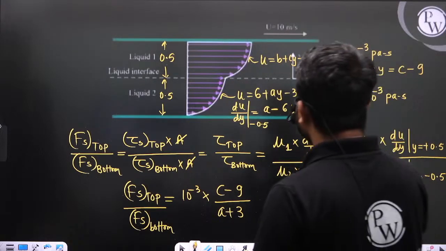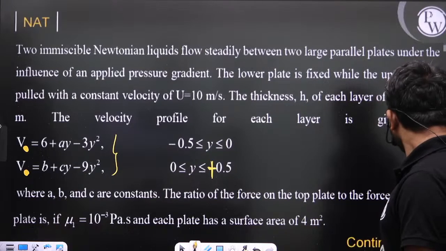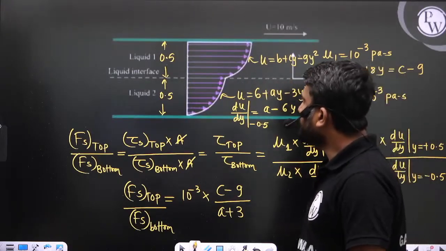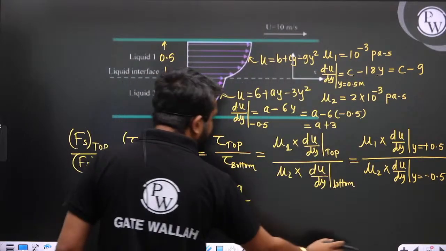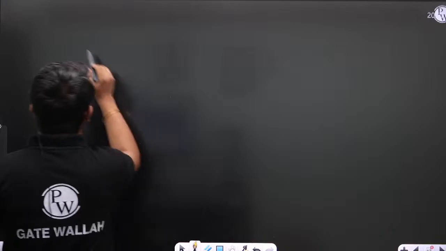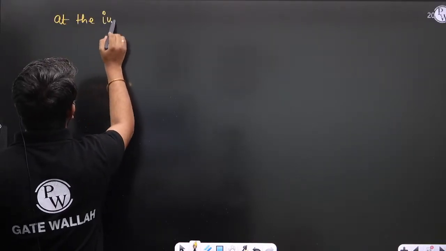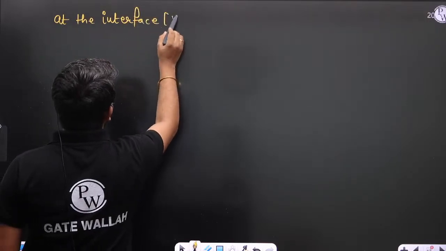Beta, that is very simple. See, at y is equal to 0, that means at the interface. At the interface means y is equal to 0.